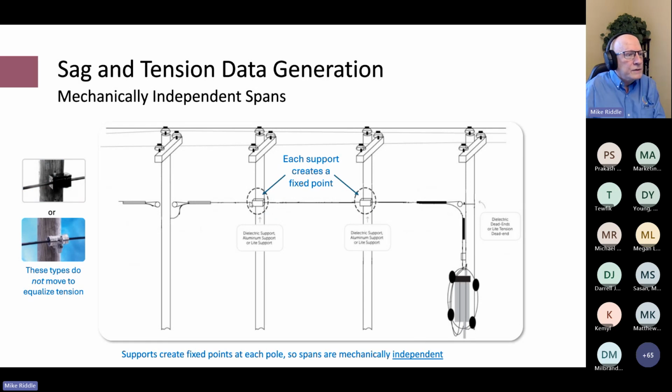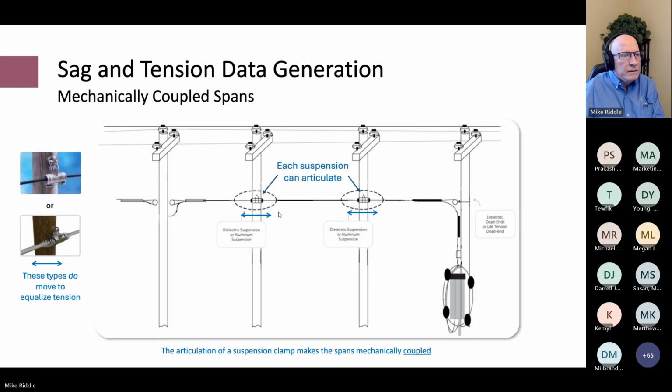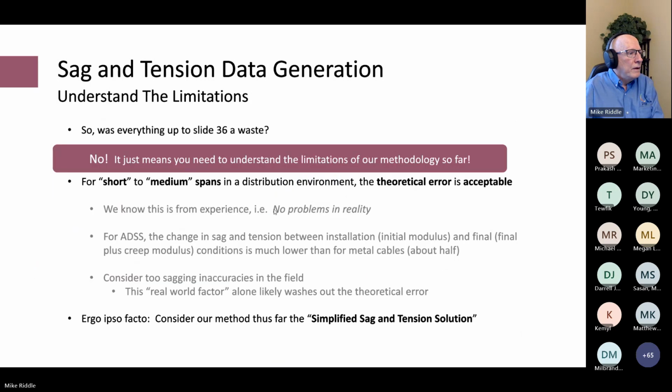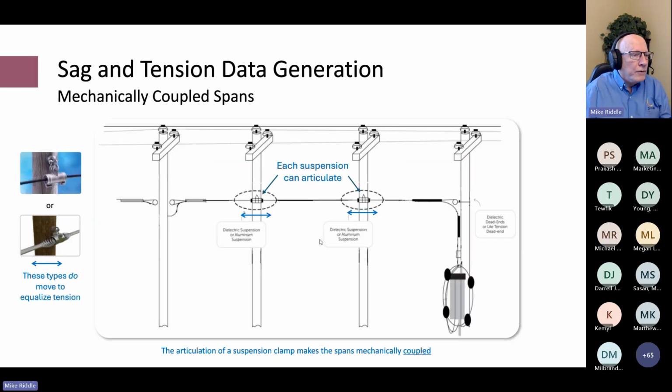It's fixed here and it's fixed here. And this span can be whatever because it's fixed here and fixed here, and so forth and so on. It's a big difference. Oh, and then to talk about the controlled tension method, the way you're installing the cable there is you have a cable reel, say here, and you use a puller, and you have a pulling line, and you pull the cable in from one side to the other.